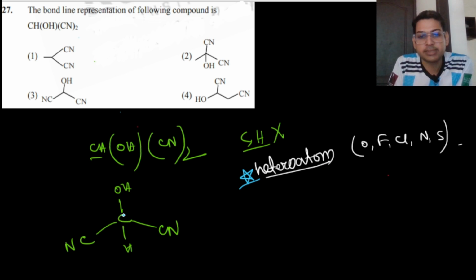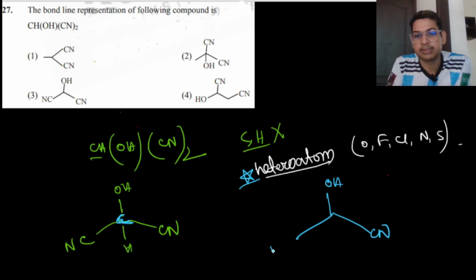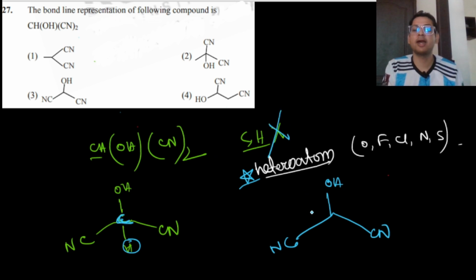Okay, sir, so that means this carbon I don't have to show? No, this carbon you don't have to show. You just write like this: OH, CN, CN. Carbon and hydrogen you don't have to show. I will automatically understand that there is a carbon, and with that a hydrogen is there to satisfy the tetravalency.